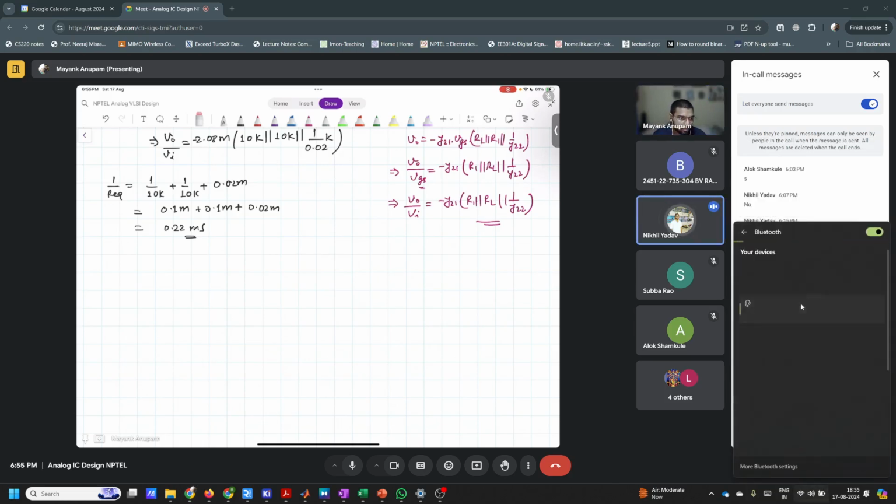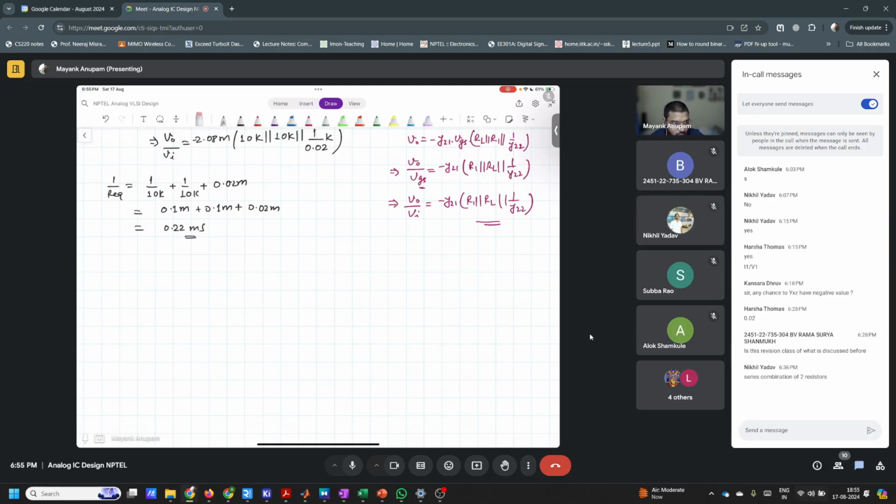Four point five four kilo. What is it, 0.22 inverse? Yes, it is. So R equivalent is 4.54 kilo ohms, right?